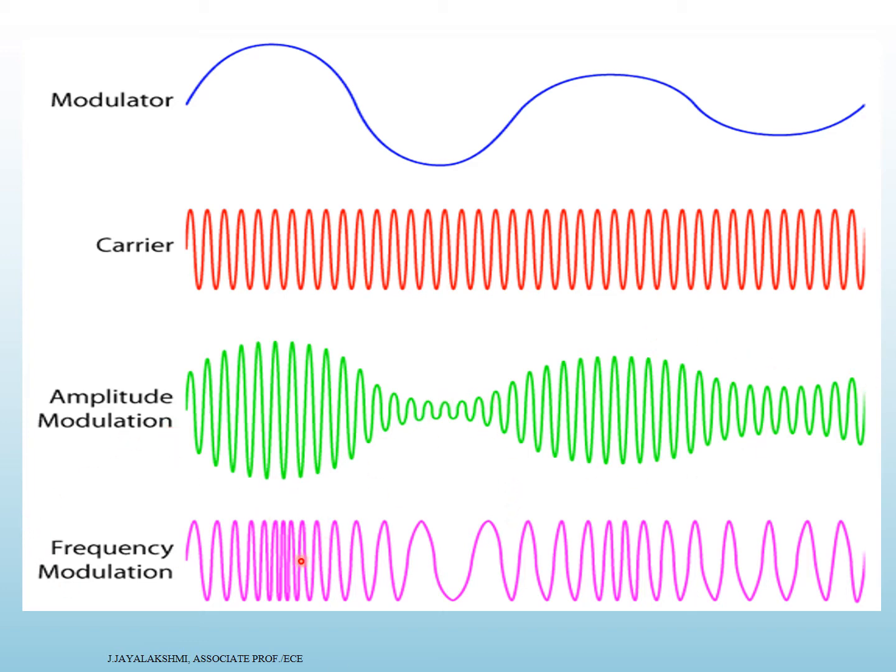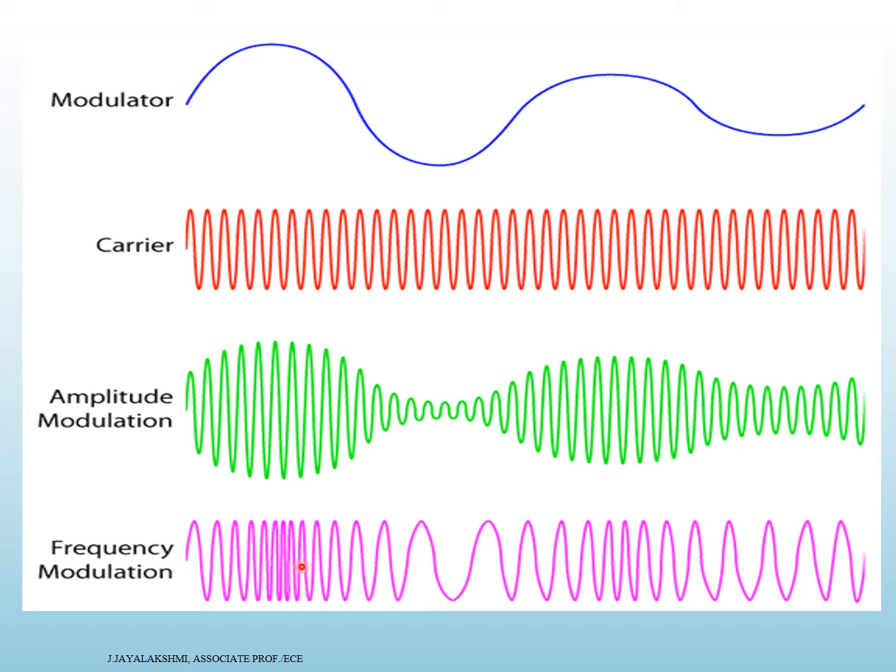And coming to this, here the frequency of the carrier is going to vary. You can see very well that in the case of the frequency modulated signal, the amplitude is fixed. You are not going to vary the amplitude of the carrier signal, you are just going to vary the frequency of the carrier signal. Whenever the amplitude is very high, we choose a very small time period.